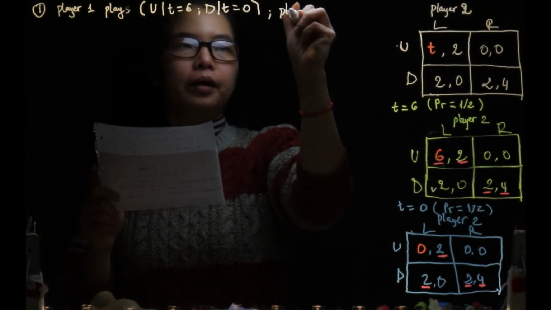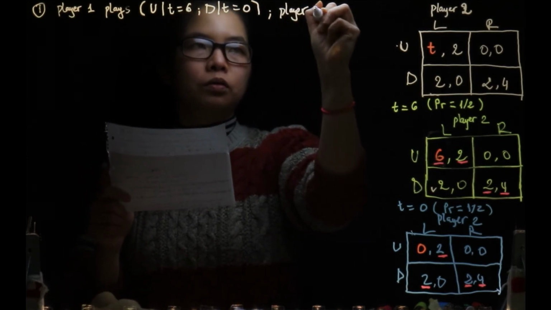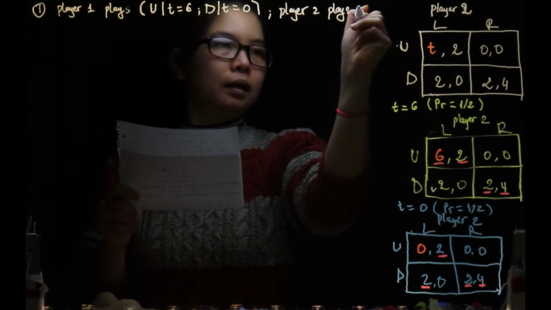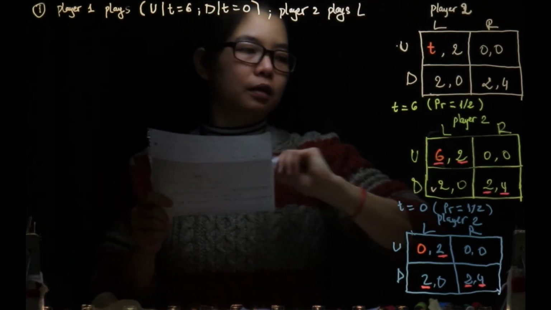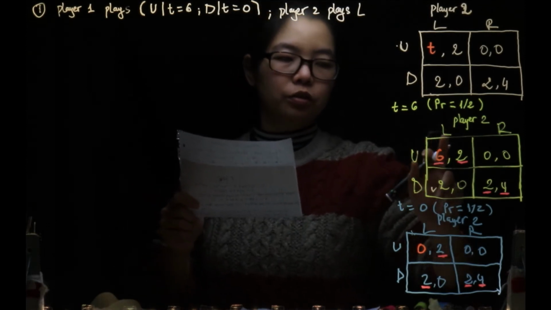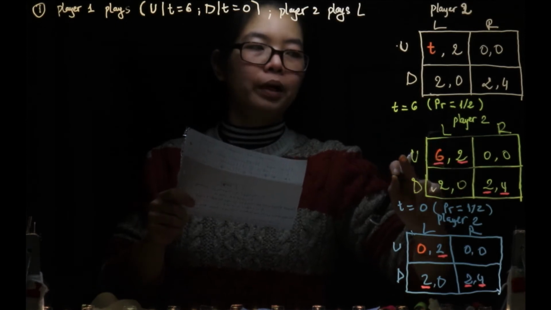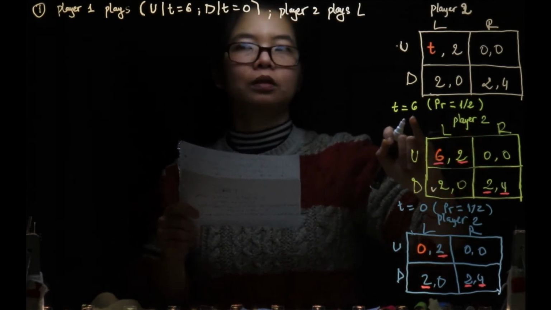And player 2 plays left, right? Because left constitutes one Nash equilibrium with up when t equals 6.